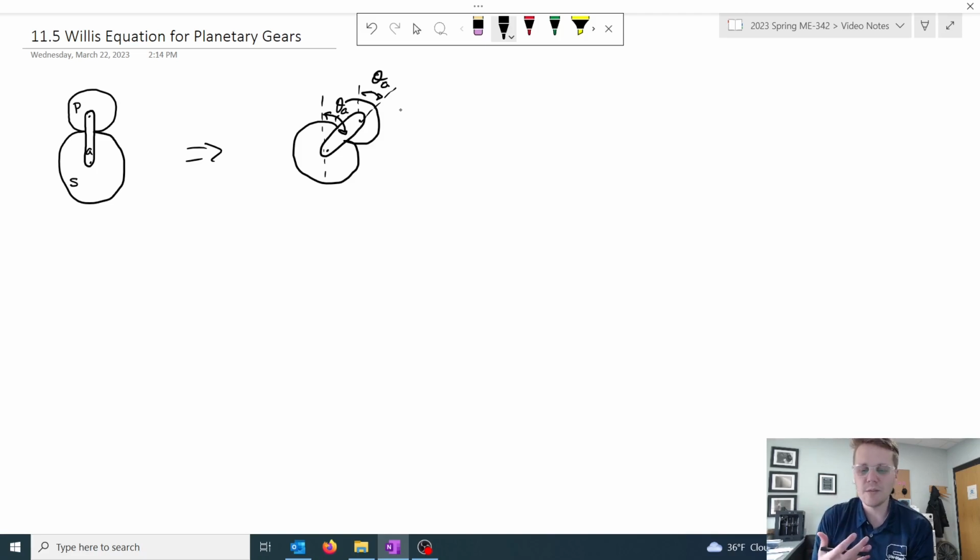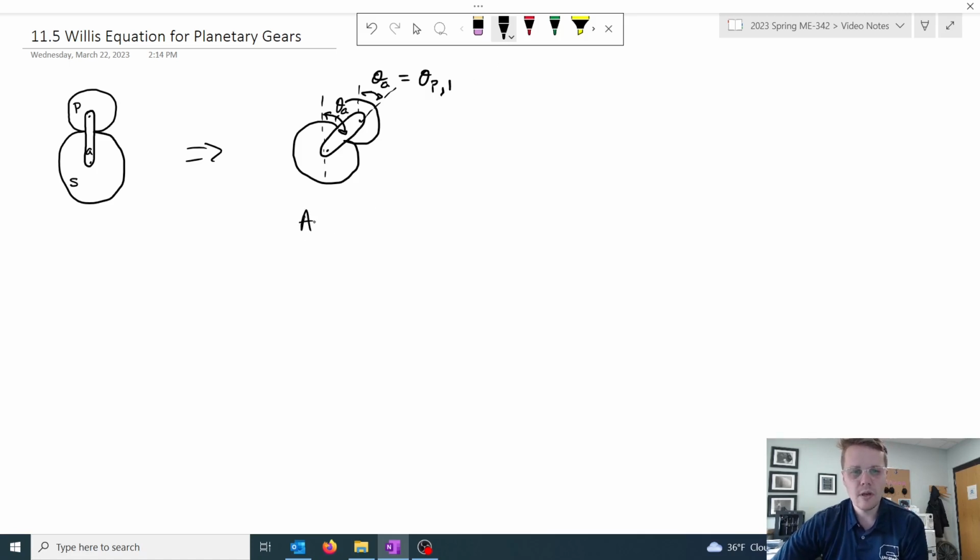Now, we're not at this point considering the fact that for this to be possible, the planet has to roll around the sun and be turning itself. So we're only considering a portion of the rotation. And therefore, I'm going to label this rotation theta sub p comma 1 to indicate that we're only considering a portion of that. So we have this rotation.